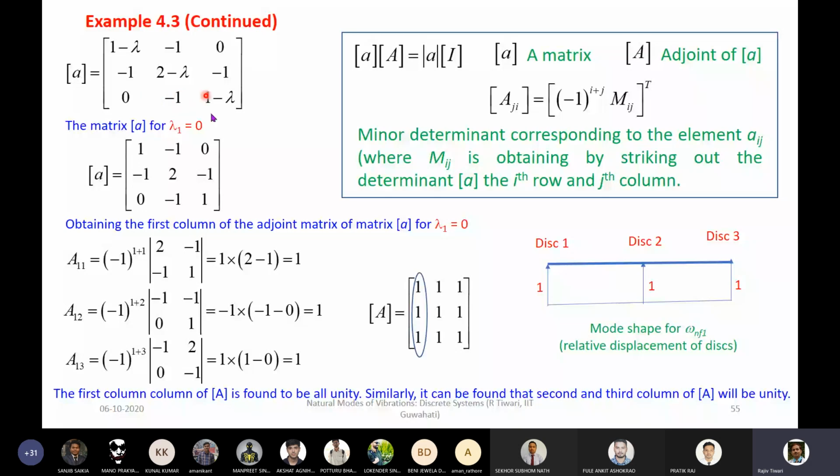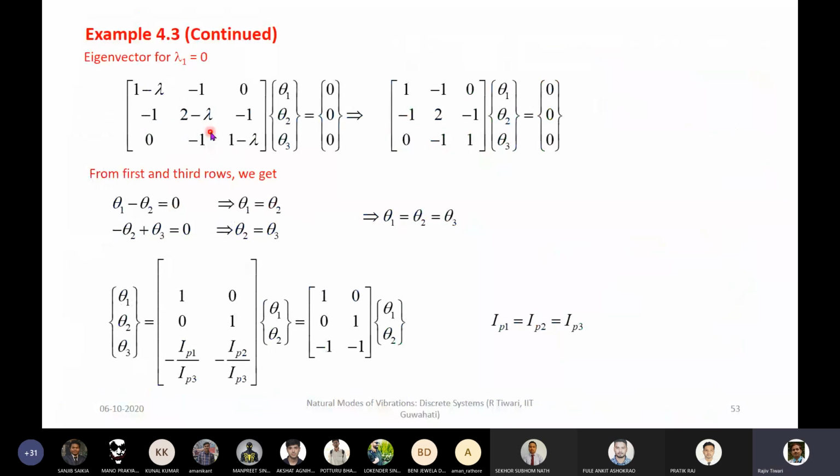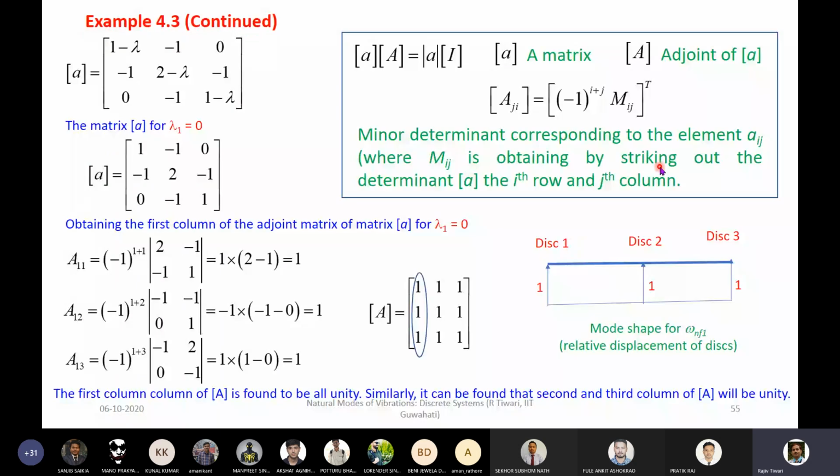First I'm solving for lambda 1 is equal to 0. Previously I solved the eigenvector using the conventional technique, by expanding and other things. So here I'm giving one example of how the adjoint of a matrix can be used to find the eigenvector.